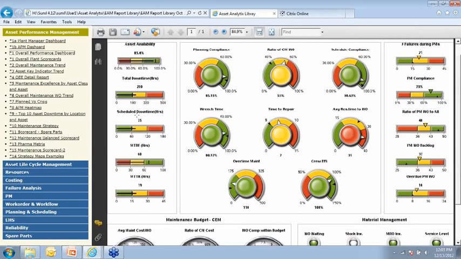And then there are related leading, or action, indicators, which have more to do with your schedule compliance, PM compliance, PdM compliance, and time to repair. Some of those things will have a direct impact on the reliability itself.